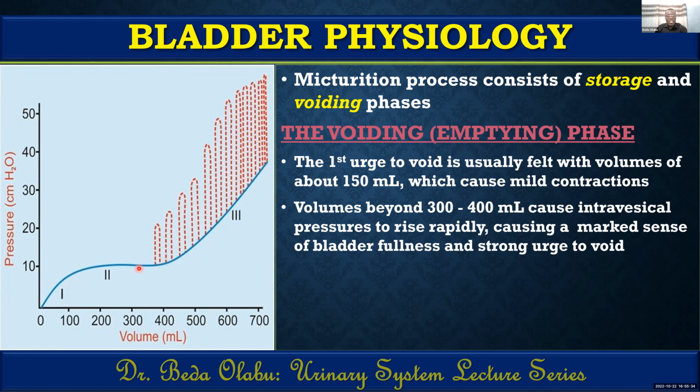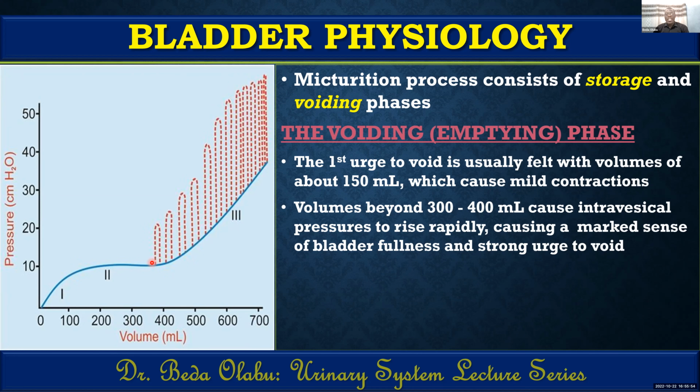Remember, initially, the intravesical pressure was held relatively constant. But when we have large volumes of urine, the intravesical pressure now begins to rise rapidly. The graph is now steeper.